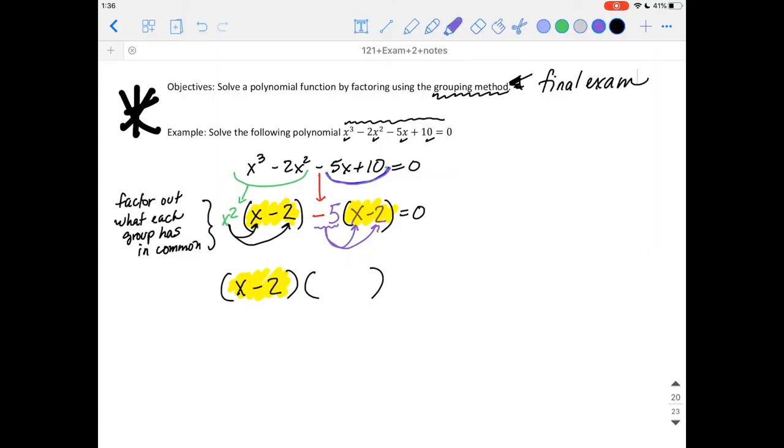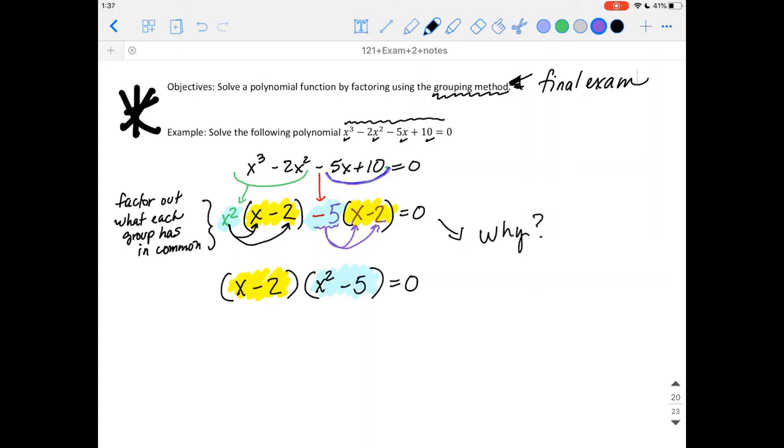And then this x squared and this minus 5, you're going to put it here. You're going to have it equal to 0.